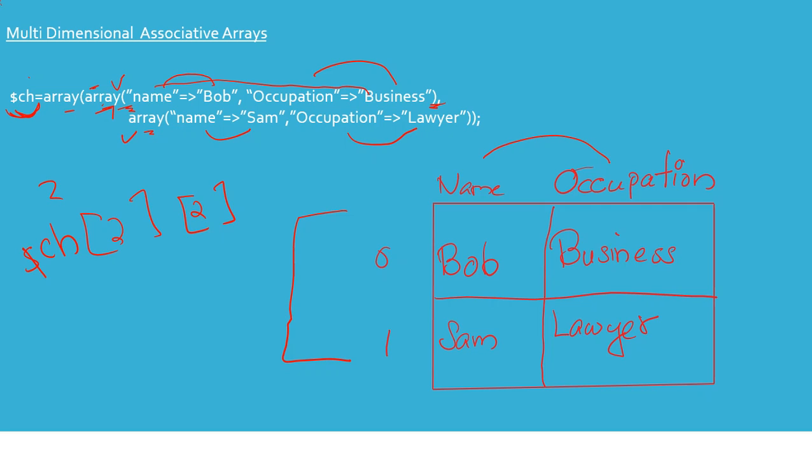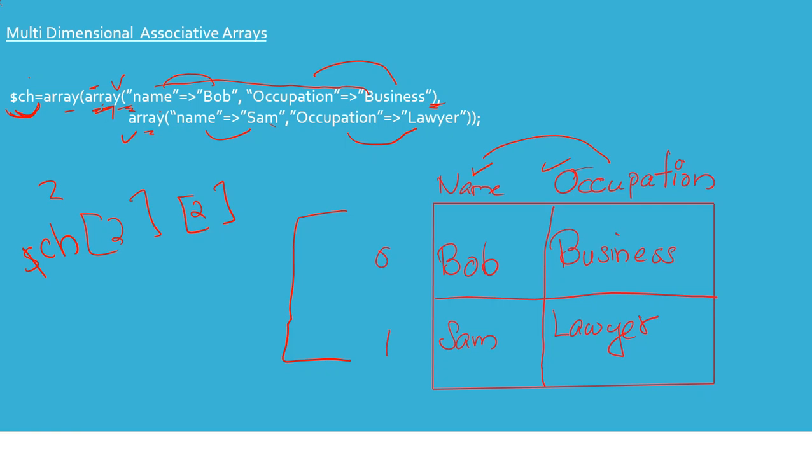For this array function, the values are certain index value combinations. We are using certain named indices here. That is why the columns are actually named. The first column is named as name and the second column is named as occupation.